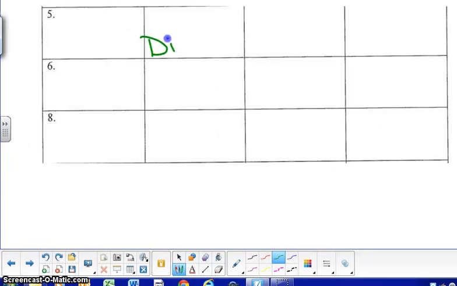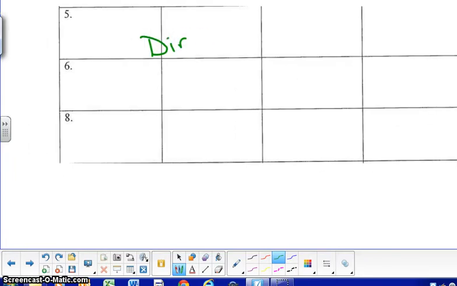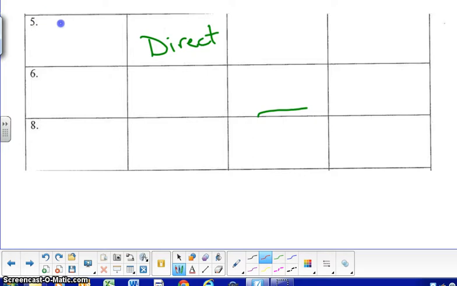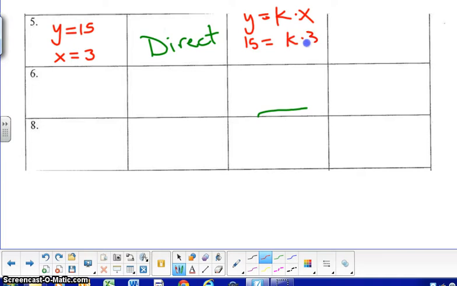Number 5 is still a direct variation, so I'm going to write that in right now. And the values given are y equals 15 and x equals 3. The equation we're going to have to use is y equals k times x. And after plugging everything in, 15 equals k times 3, so k is going to equal 5. Now if we're going to plug that back in, y would equal 5x.